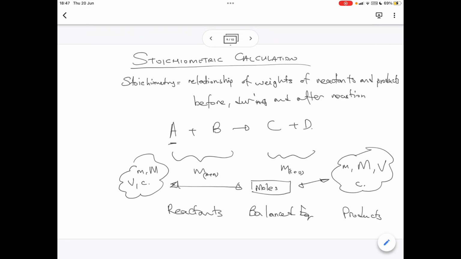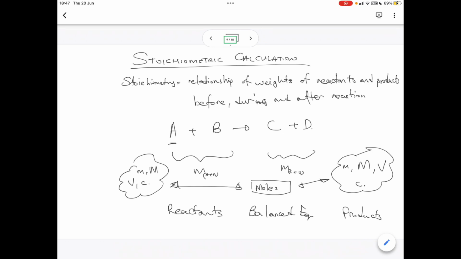We didn't do any calculations here, but I'm pointing it out because the concept of stoichiometry, which is the relationship of weights between reactants and products before, during, and after reaction, we did introduce that concept, and we're going to go a little bit into it more in working with ideal gases for now, but just bear with me.